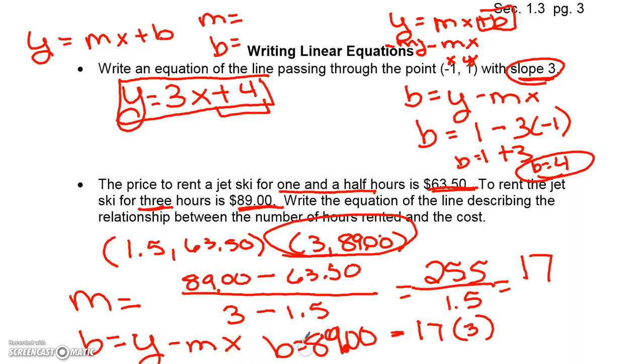So b equals 89 minus 17 times 3. It's 38. So here's b, here's m. Let's write our equation. y equals m, which is 17, x plus b.